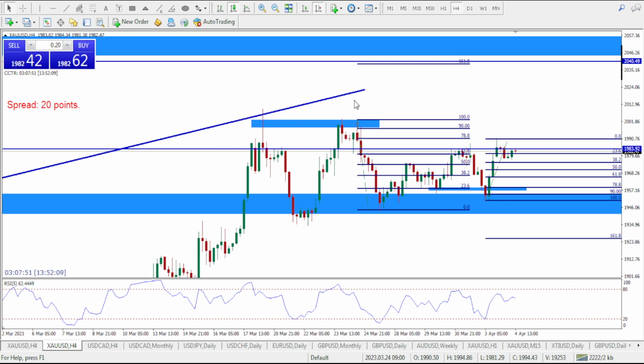Out of 10 trades, if you win 5 and lose 5, let's say per trade your risk is 2 and your reward is 5.